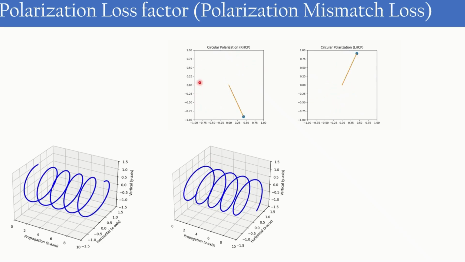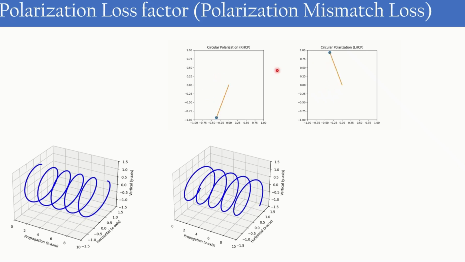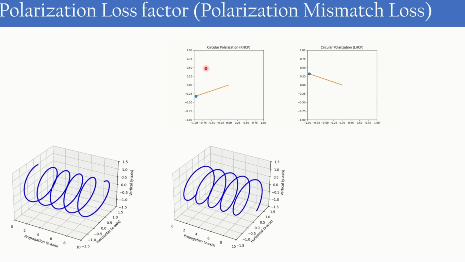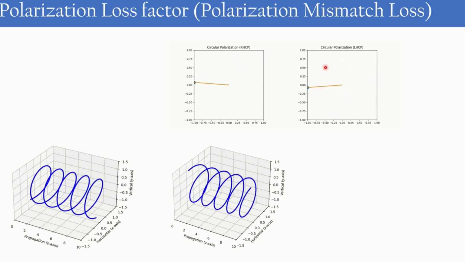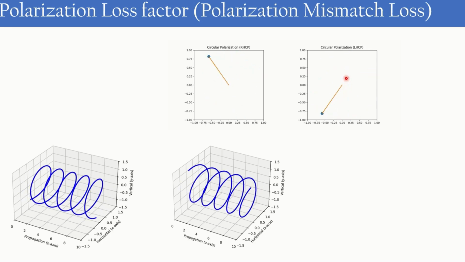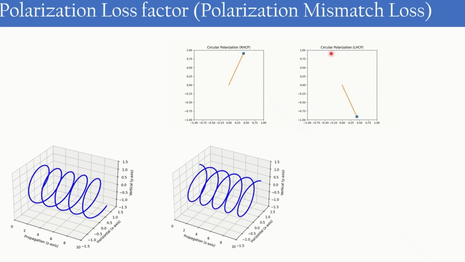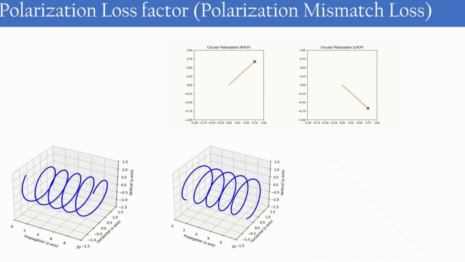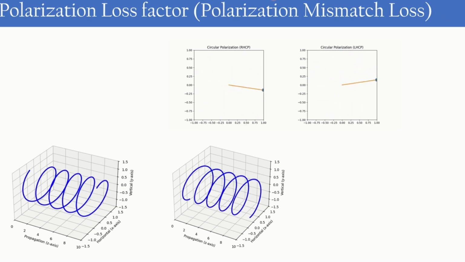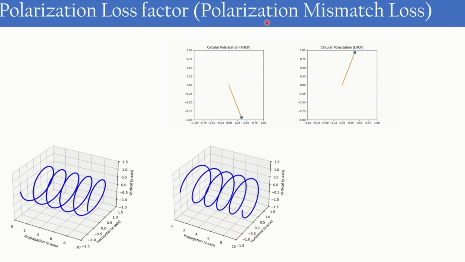Here you can see that in the case of RHCP and LHCP, the rotation is in opposing directions. So the rotation of the electric field in RHCP and that of LHCP is in opposing directions. Because of this, the RHCP antenna will not be able to accept anything from the LHCP signal. That's why we get complete loss when an RHCP antenna is used to receive an LHCP signal.